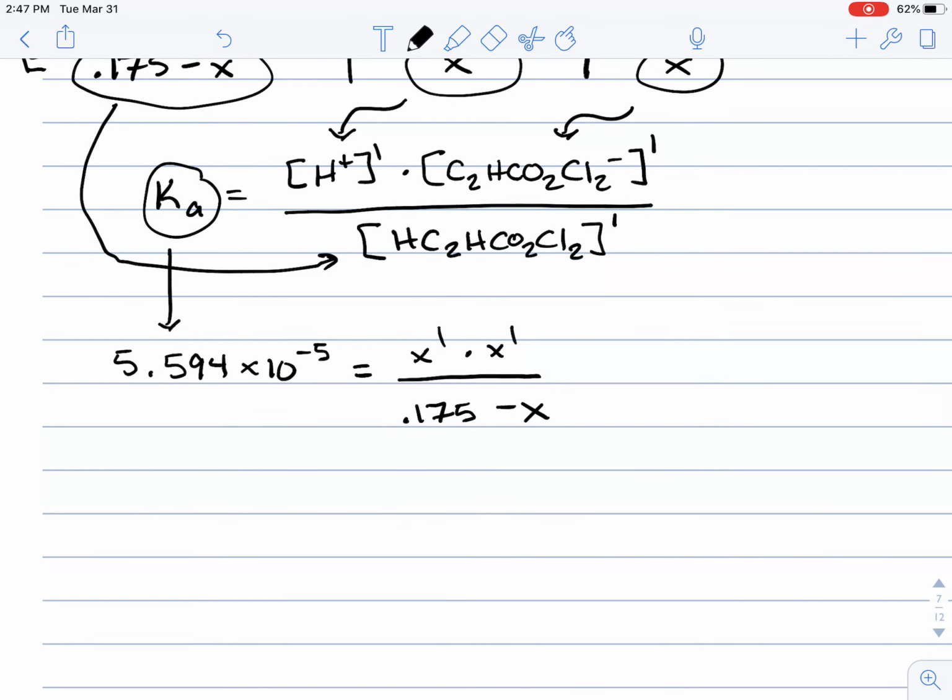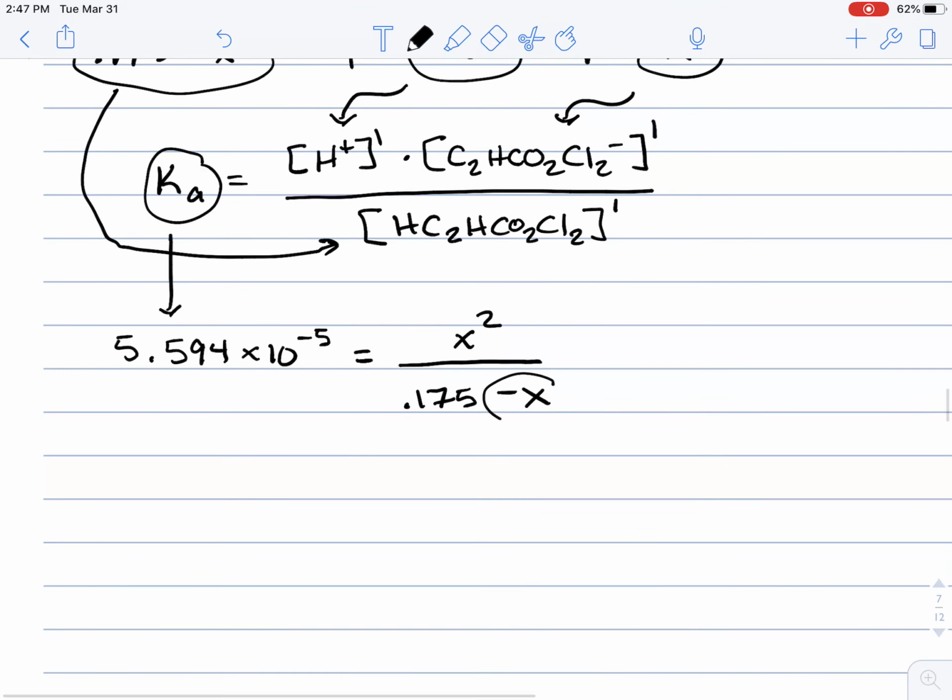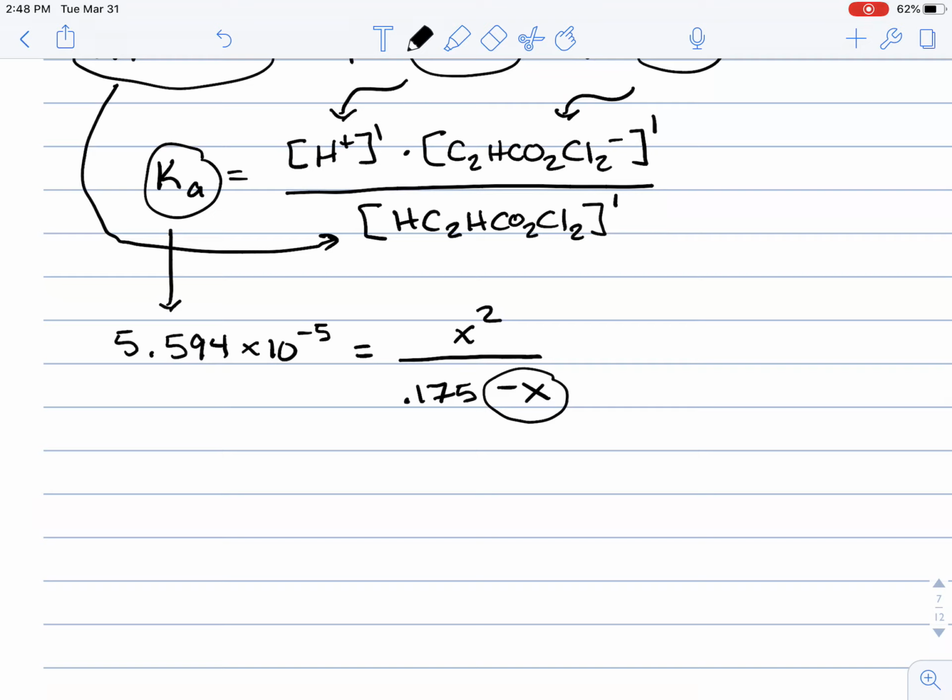If we reduce the numerator, x times x is going to be x squared. If we leave this alone and move all the terms, we're going to get a quadratic.